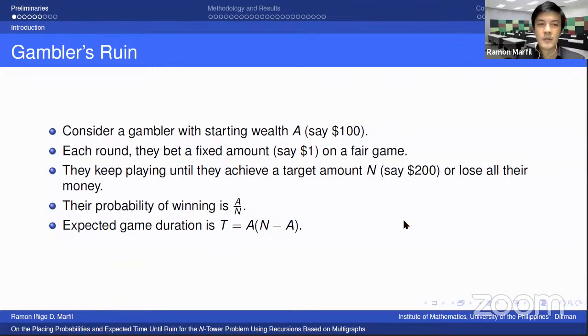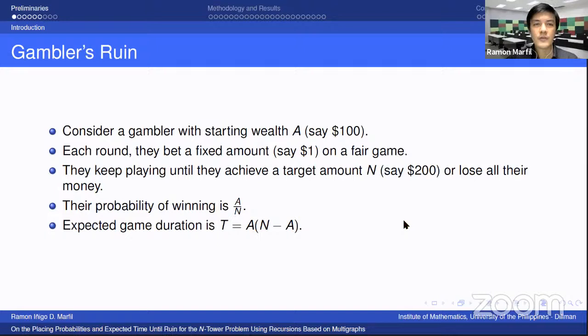So the usual questions for this type of problems are number one, what is the probability of winning for each player? And number two, what is the expected game duration, or what is the expected time until ruin or success? Okay.